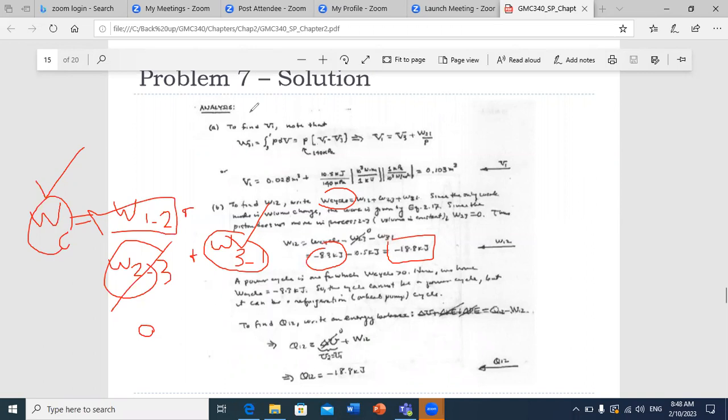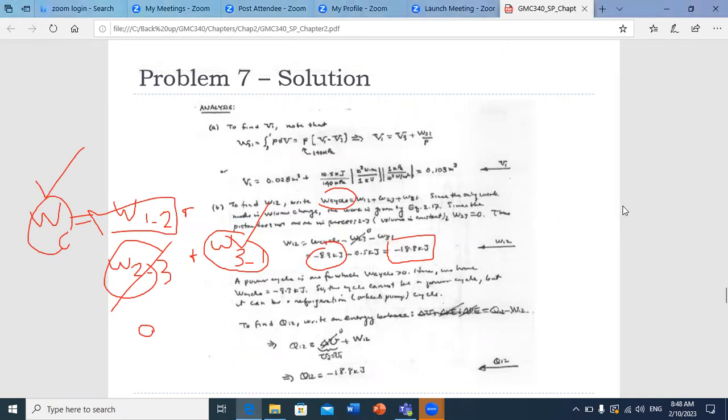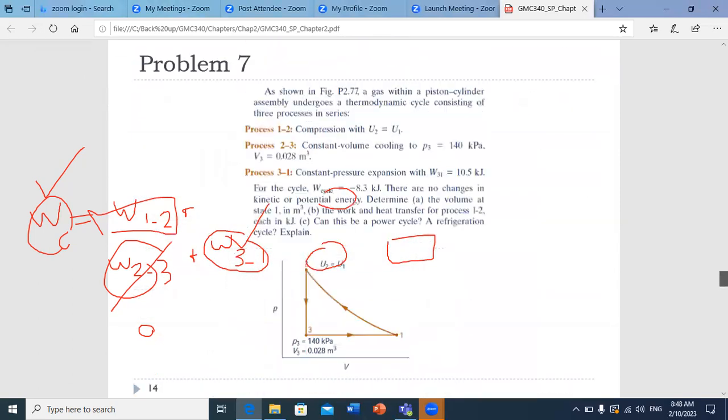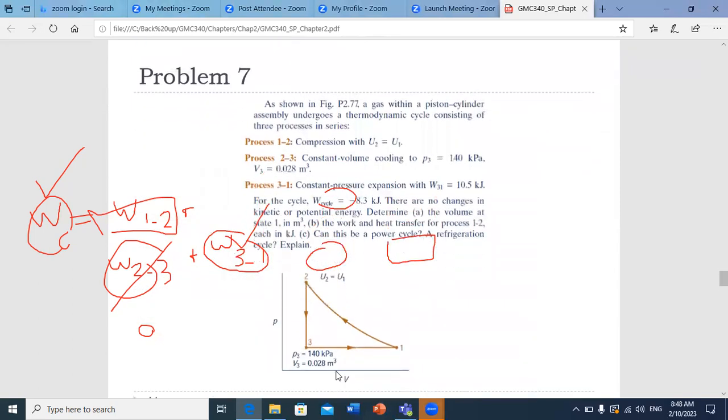Why? Because if you observe the graph, you can see that from 1 to 2 you have a compression effect. So the work is done on the system, and you can expect to get a negative result for your work.